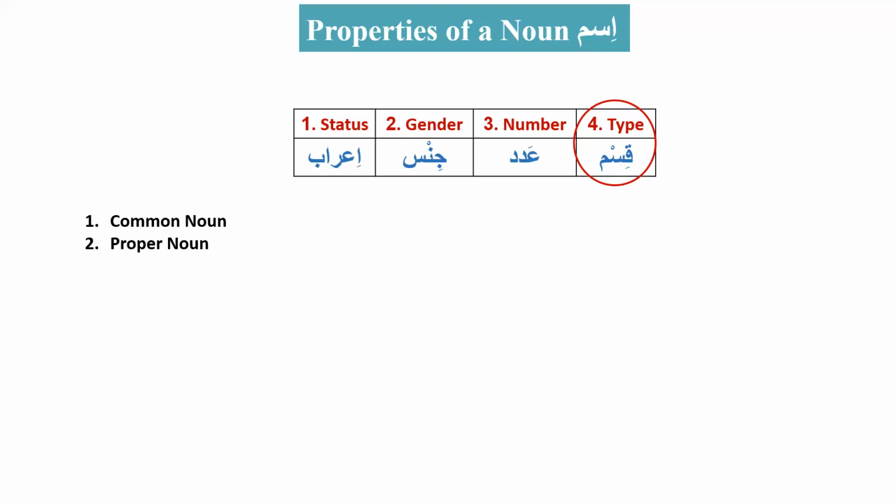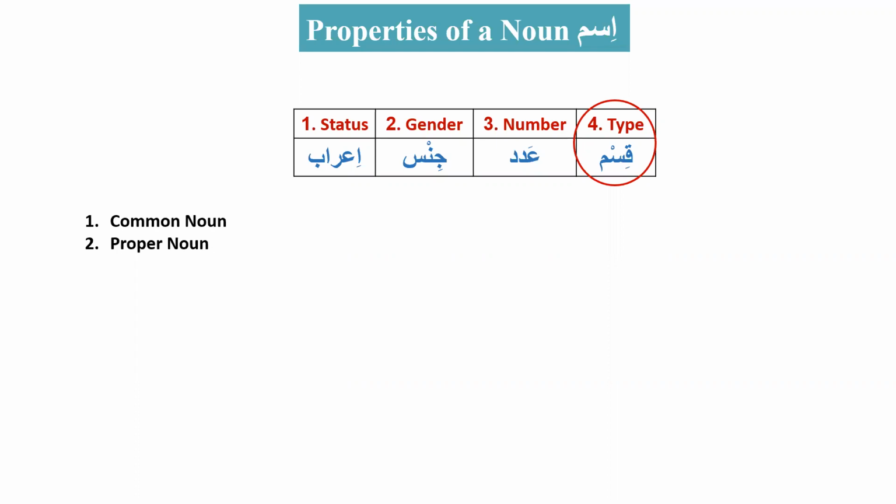Today, I'm just going to relate English with Arabic, because English you already know. So we can use some knowledge that you already have to learn something new and establish a link between two languages. So what is a common noun and what is a proper noun?